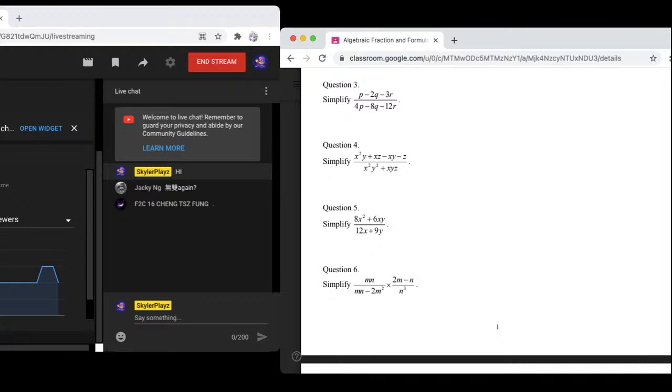Oh, I copied something wrong. It should be plus z, not minus z. So xy plus z. We cancel xy plus z and all together x minus 1, that's all.